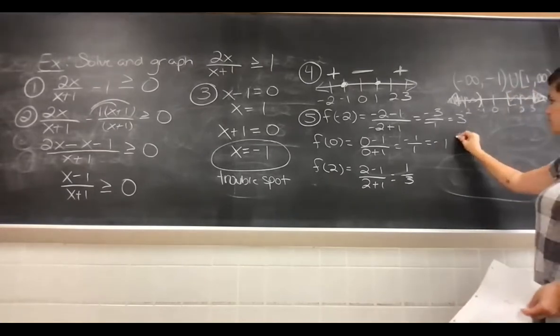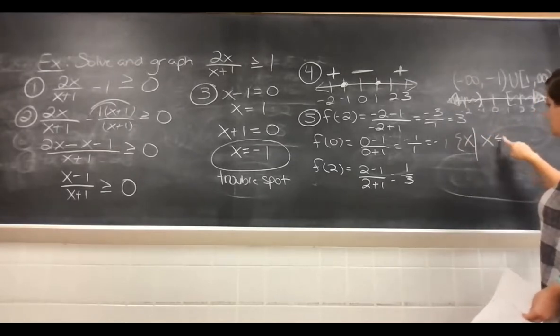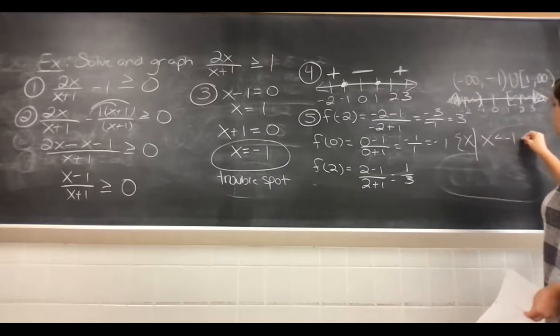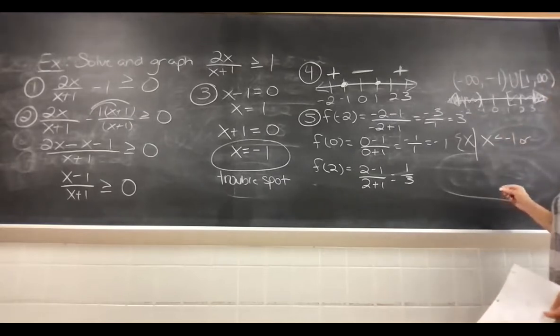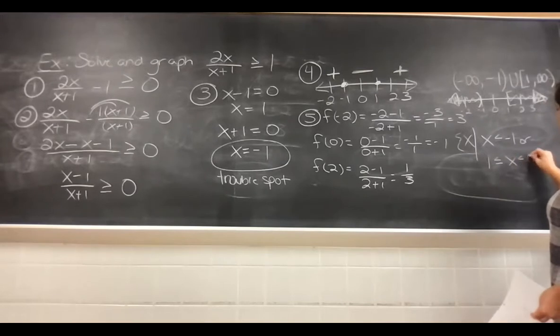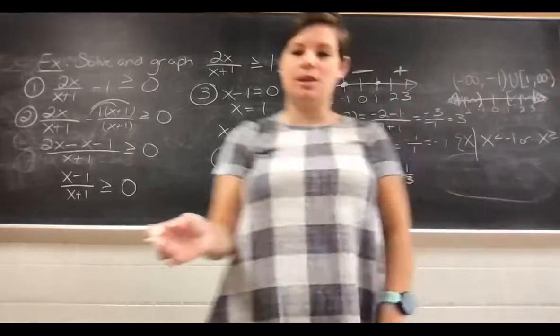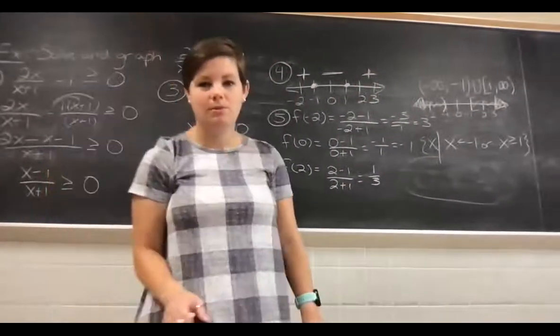And if I had to do set builder, it's the set of x such that x is less than -1, or x is greater than or equal to 1. It's kind of a weird way of writing it in terms of infinity like that. Sorry, I just got going.